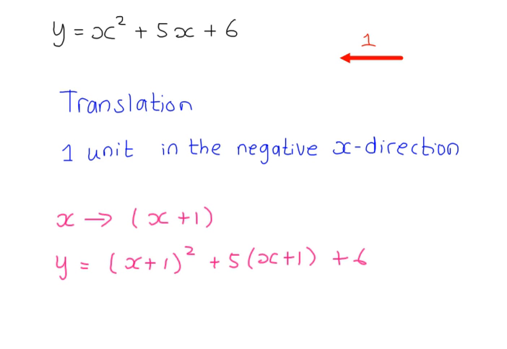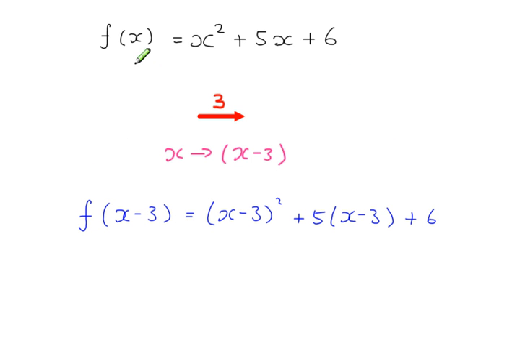So what I've done here is replace the x here with x plus 1, replace the x here with x plus 1. I could have used function notation for all of this. The same thing happens if I'm moving the graph 3 units to the right, replace x with x minus 3.